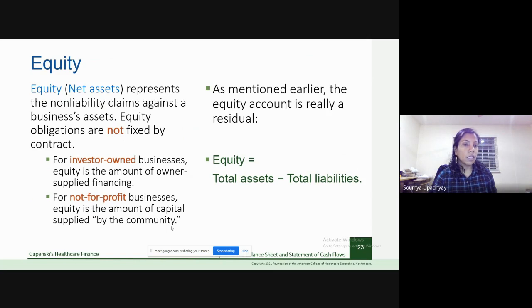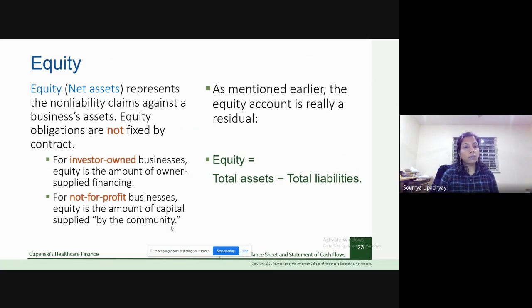That's equity. You don't have to pay it to anyone, and that is why it's called a non-liability claim. You don't have the liability of paying that $150,000 to anyone. You can keep it, and that is the equity.